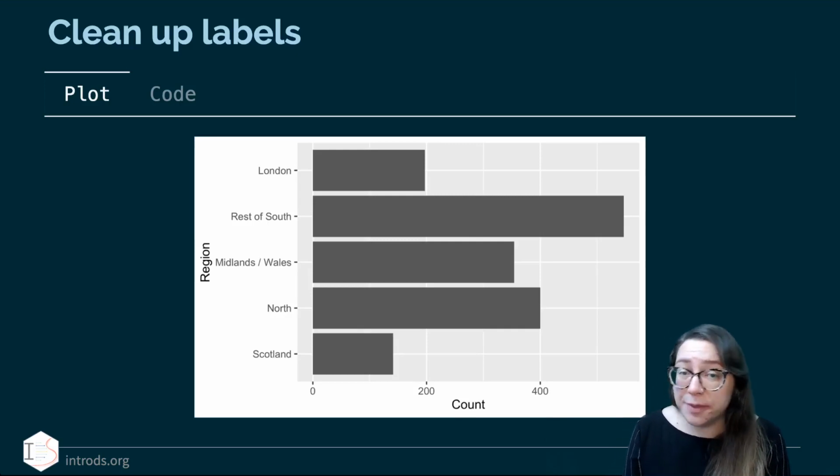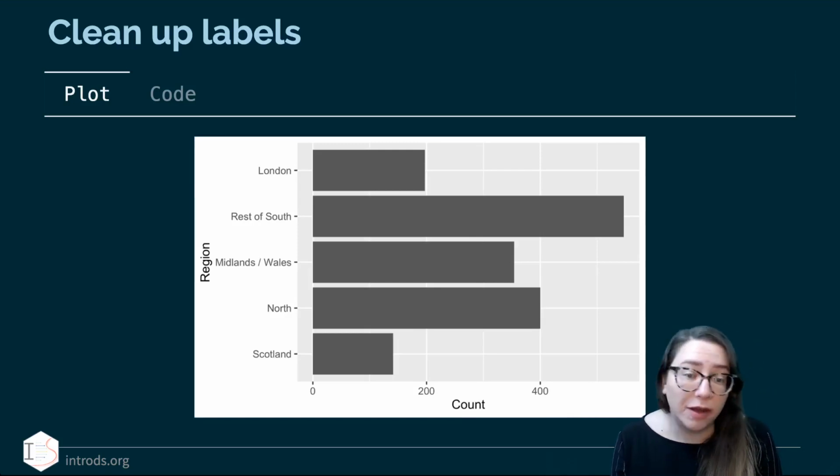Or do I have perhaps an international audience who may not necessarily know that within Great Britain we tend to make a distinction between these regions, or that we might expect that the opinion on the issue of Brexit or many other matters may or may not differ between these regions? So you want to be thinking about your audience, and you want to be labeling your plots, your axes, accordingly.